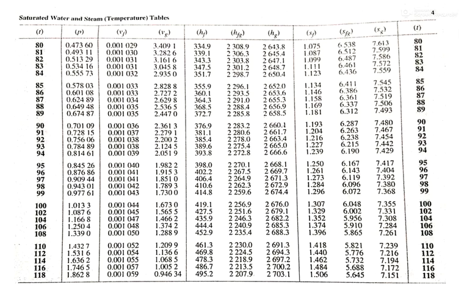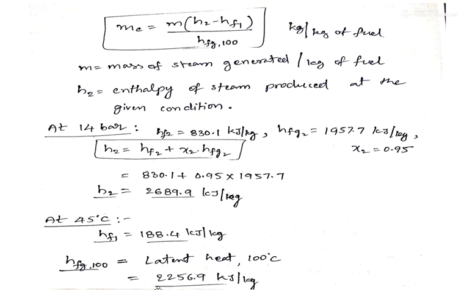You can see here, 100 degrees centigrade, in the saturated water and steam tables, temperature based. At 100, the Hfg value is 2256.9. So this Hfg value we also find from the steam tables.